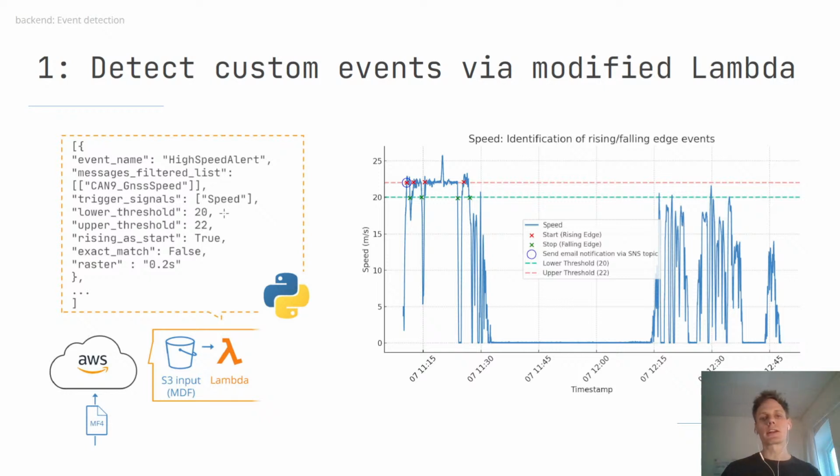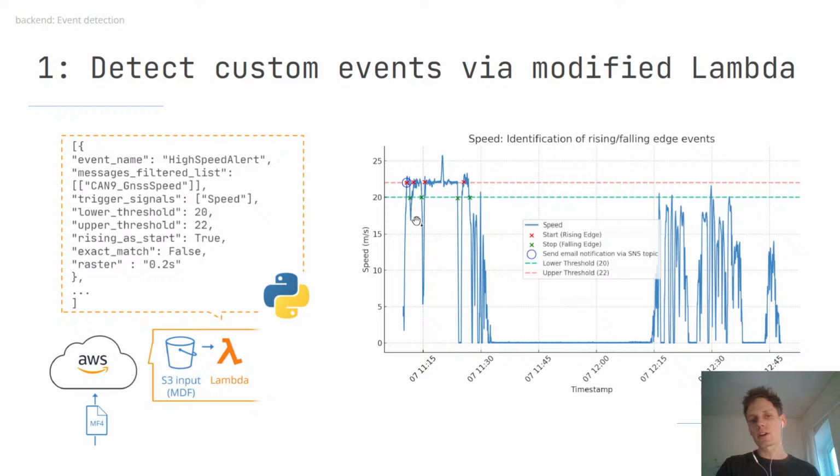And this is a bit technical, but you typically want to have these multiple thresholds in order to not have an extreme detection of events when the data is flickering around a certain value. In this case, we define 20 meters per second and 22 meters per second as the thresholds. And we tell the event here that we are looking for events where the speed value is crossing from below 20 meters per second to above 22 meters per second.